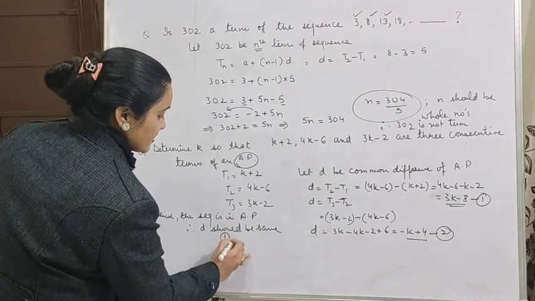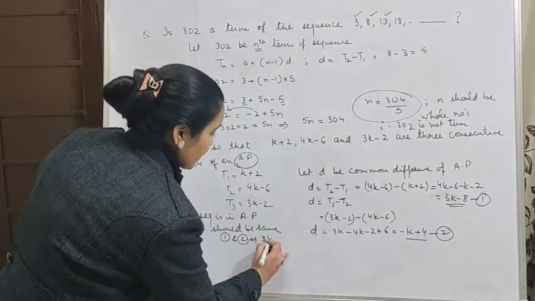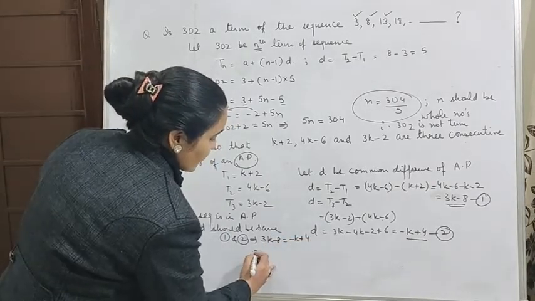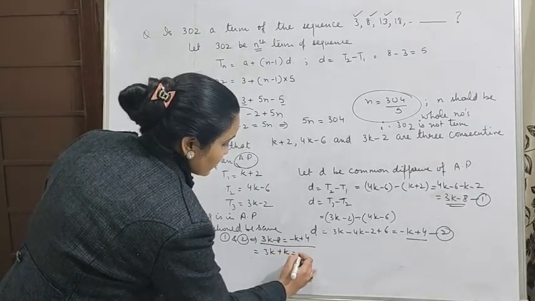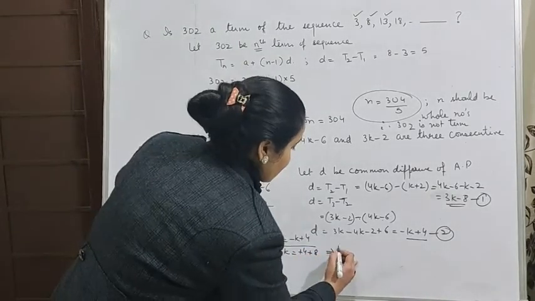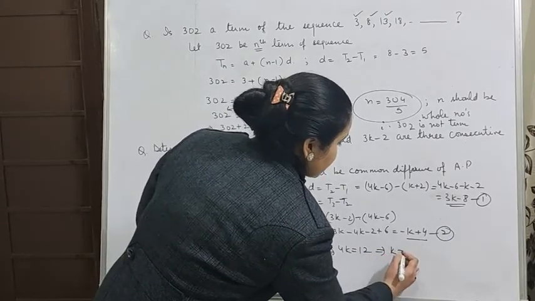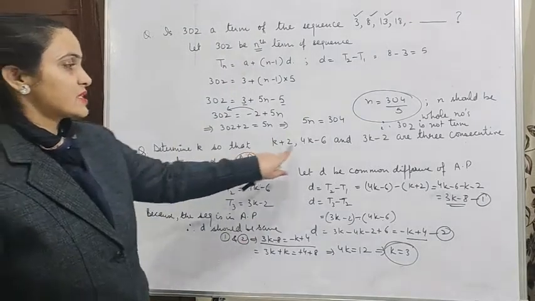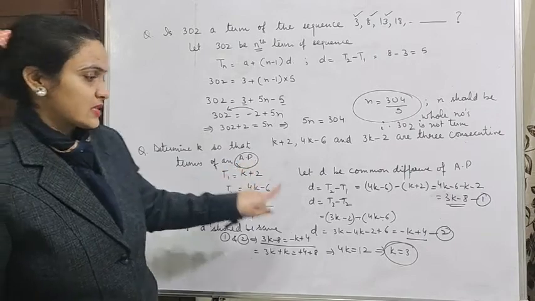So from 1 and 2, 3k minus 8 should be equal to minus k plus 4. So 3k plus k is equal to 4 plus 8. This implies 4k is equal to 12, which implies k is equal to 3. So the value of k for which these are consecutive terms of the AP is 3.